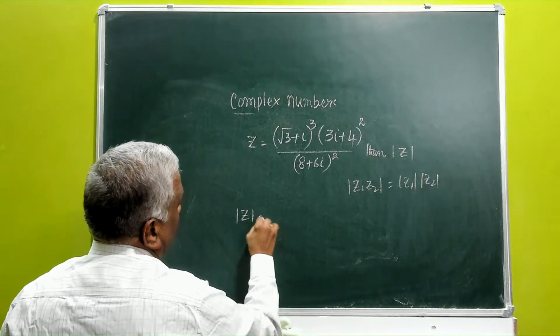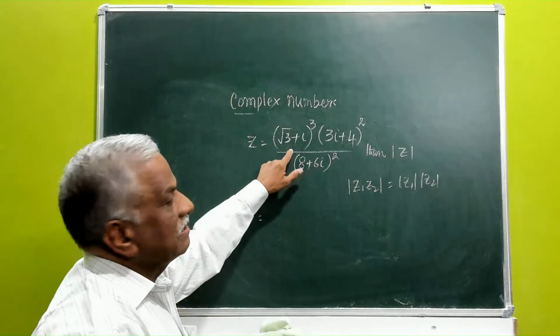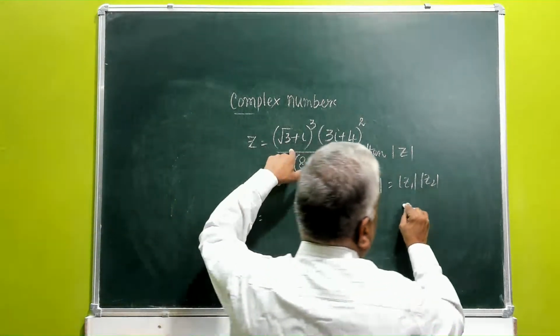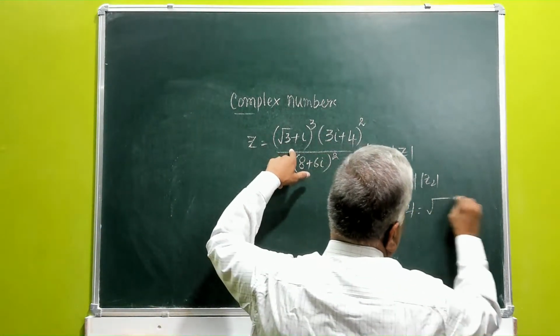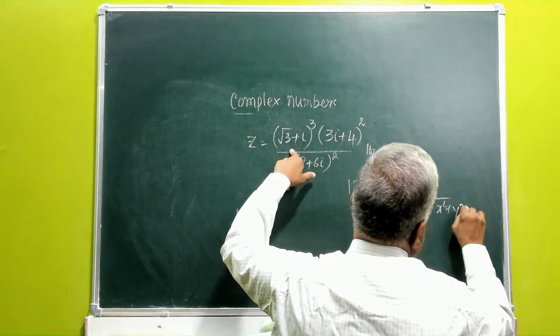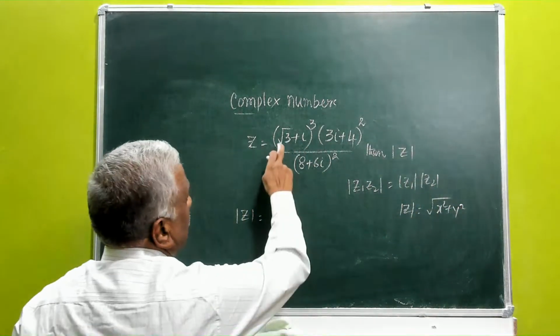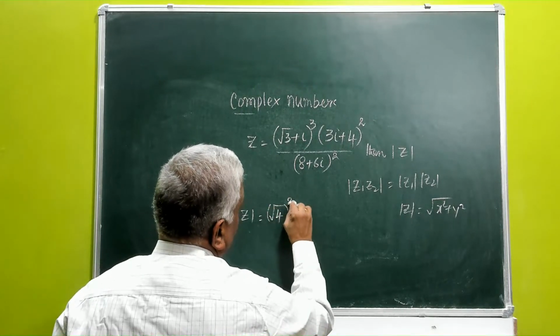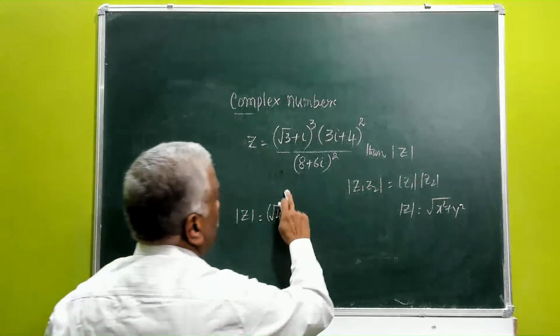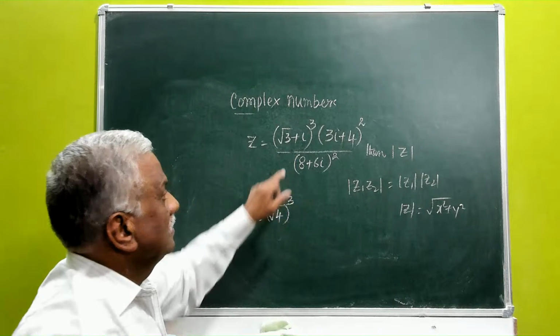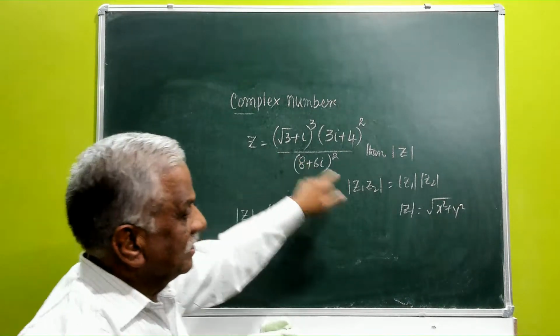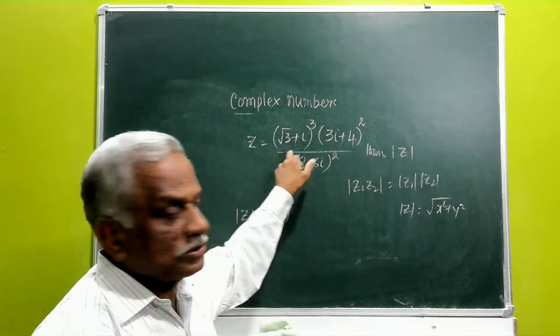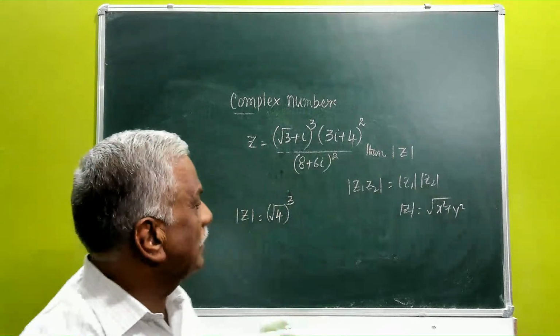Mod Z is equal to, what is the modulus of Z? Modulus of Z is equal to root of x square plus y square. So this is root of 3 plus 1, root 4, whole cube. I repeat, x is root 3, x square is 3, y is 1.